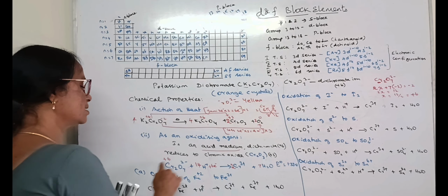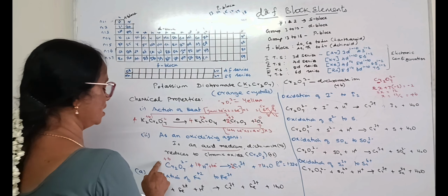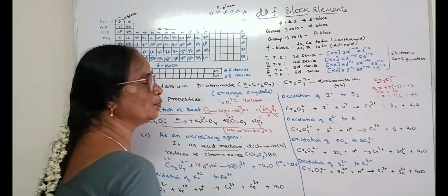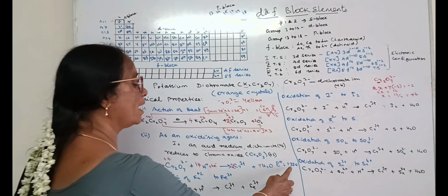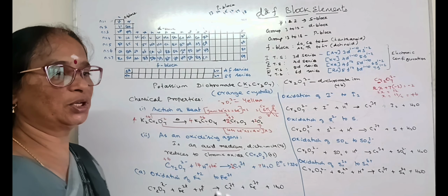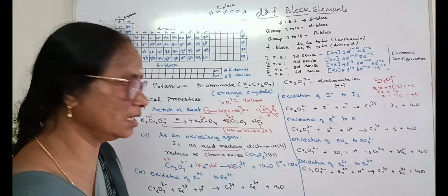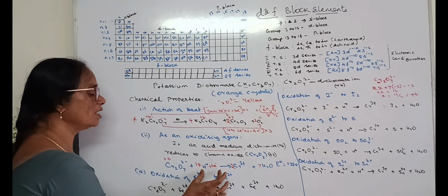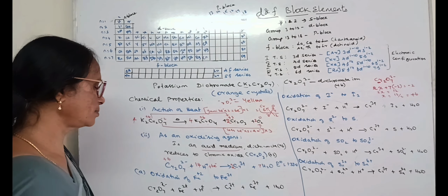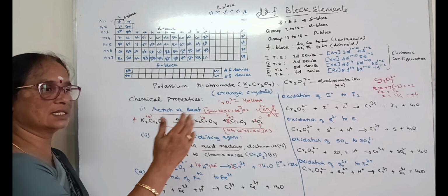During this reduction reaction, the E naught of this equation is found to be 1.33 volt. A reduction potential with a higher positive value usually behaves as an oxidizing agent. So this is one of the half reactions. Being an oxidizing agent, it can oxidize other compounds.